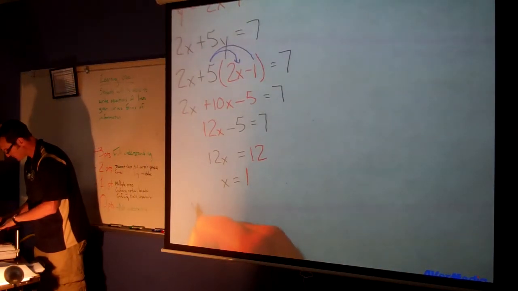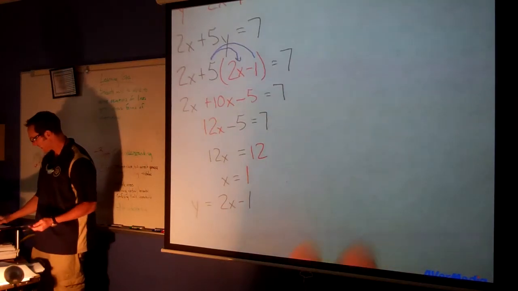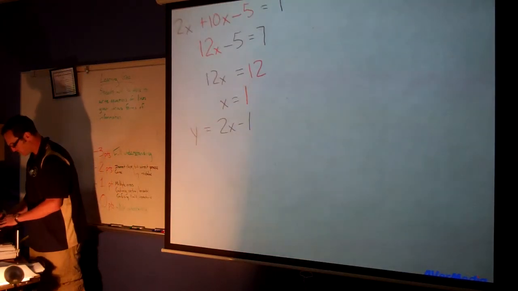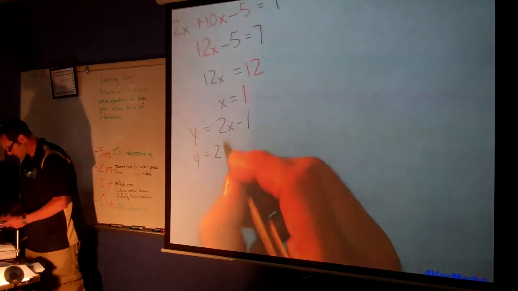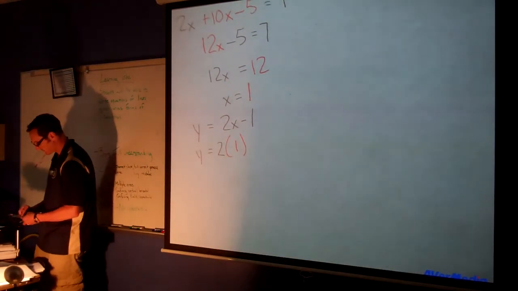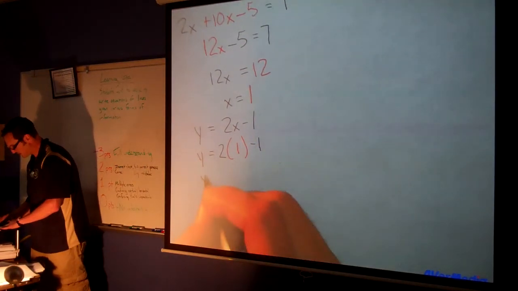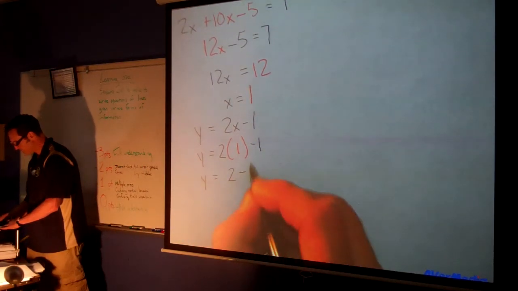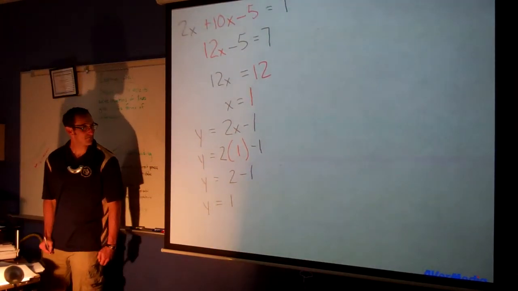So if I had the original equation, y equals 2x minus 1, but I know that x equals 1, I can find out what y is. I'm substituting. It's so much fun. So y equals 2 minus 1. Y would then equal 1.